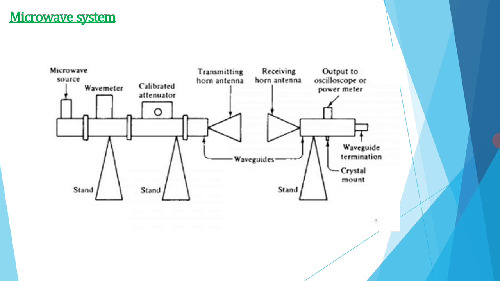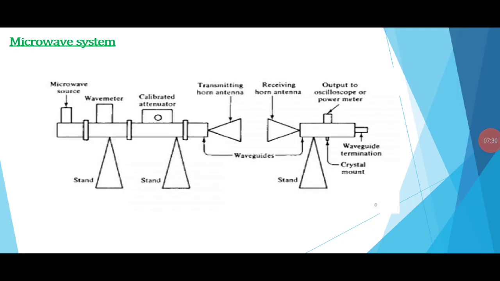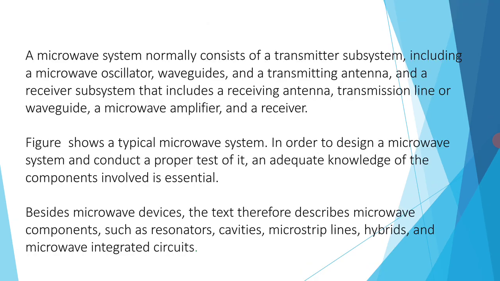The transmitter subsystem will contain a source, a waveguide, transmitter antennas, and the receiver subsystem will contain a receiving antenna and waveguide termination. The source can be a klystron or a traveling wave tube.